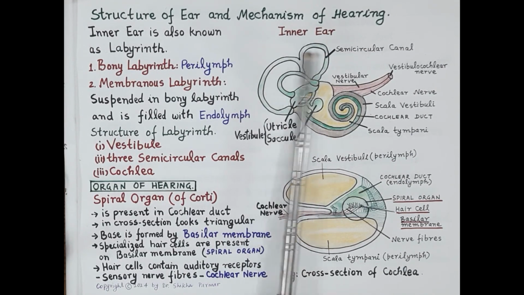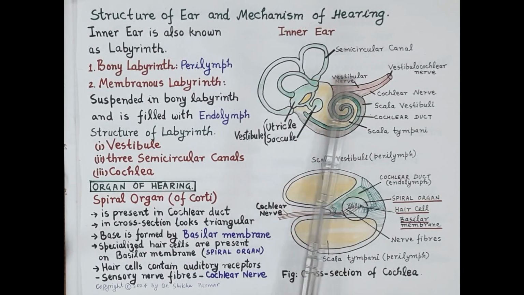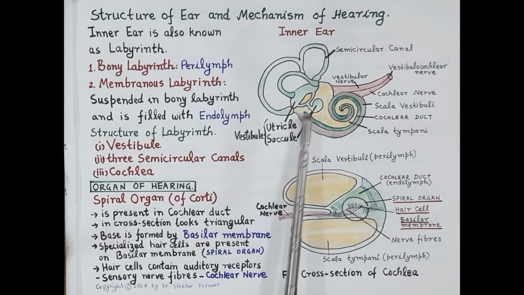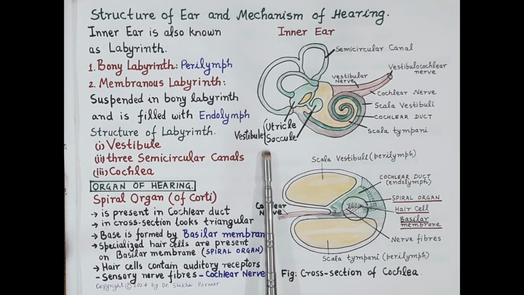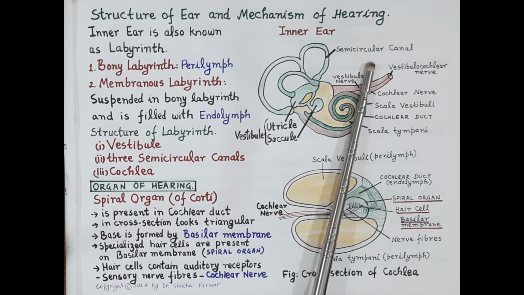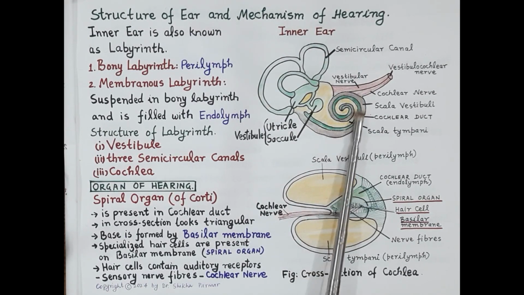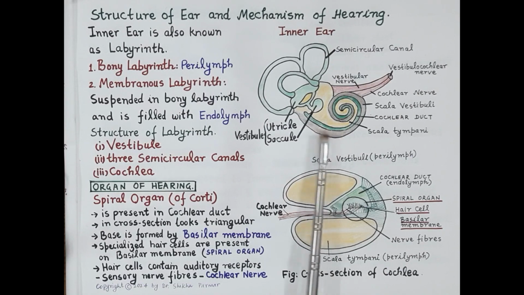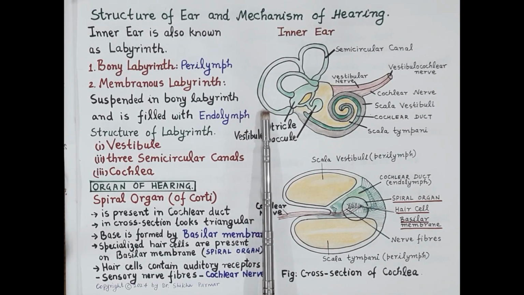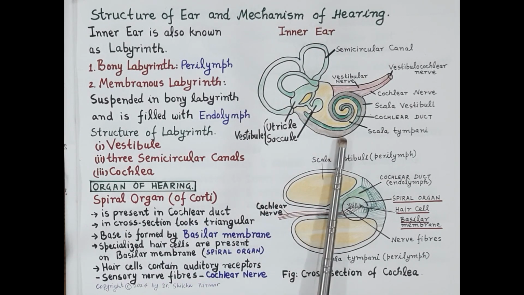So this entire structure is a labyrinth, and this labyrinth has three parts, namely this vestibule, then 1, 2 and 3 semicircular canals, and this snail shaped cochlea. Now vestibule and the 3 semicircular canals are involved in maintaining the balance, while this cochlea is required for the hearing.